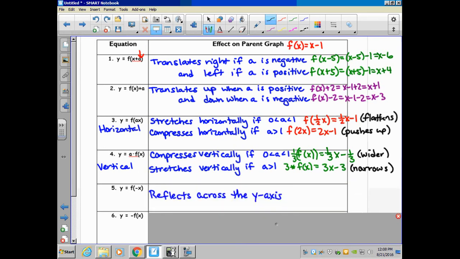Okay, last two. So we have a negative. So what happens when you apply a negative to the function? To the inside of the function, it reflects over the y-axis. So this would look like, let's see, f of negative x. So you're replacing x with negative x. So it would be negative x minus 1.